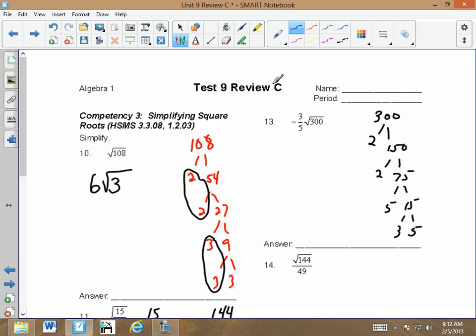So I have a pair of 2s, so one 2 can come out. And I have a pair of 5s, so one 5 can come out. The 3 has to stay inside.